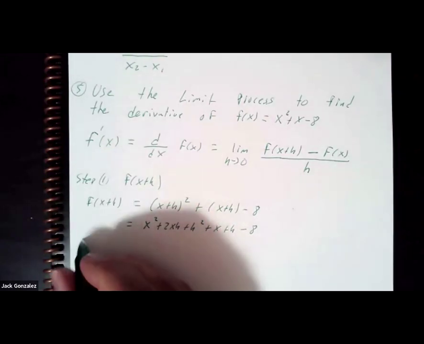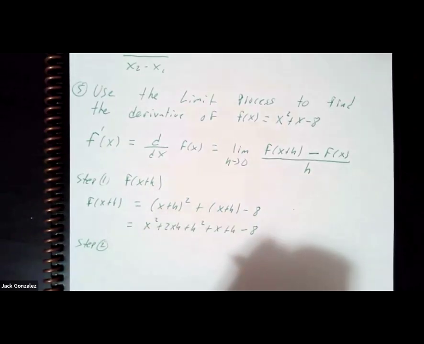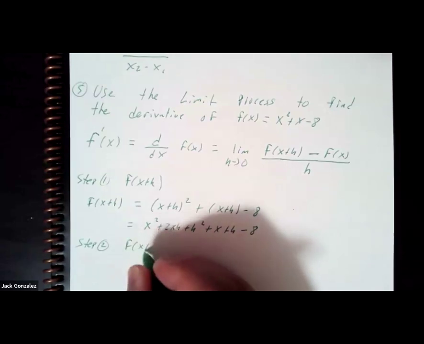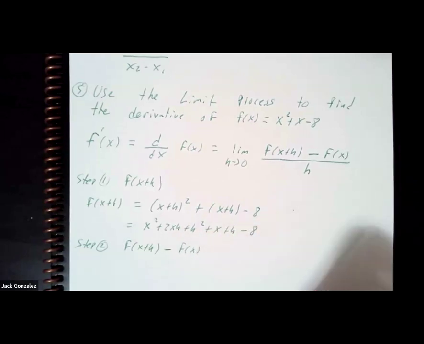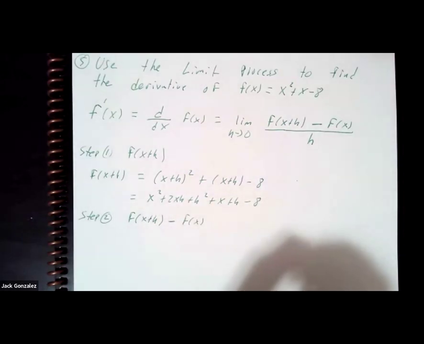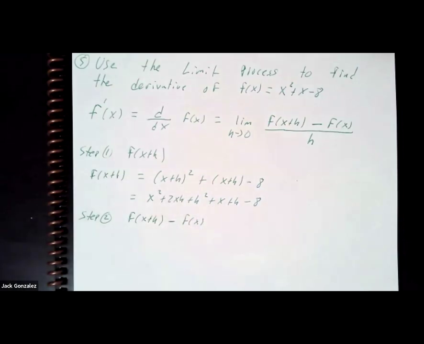Step 2. Subtract, do the numerator, basically take the result of this and subtract by f of x. Did you put in x squared plus 2xh plus h squared? Yeah. Okay, thank you.